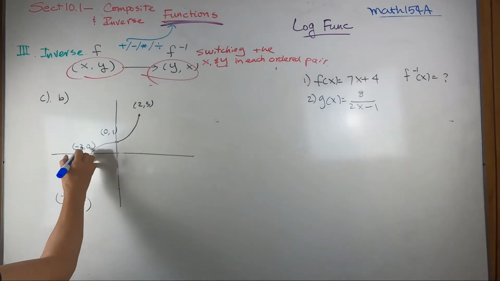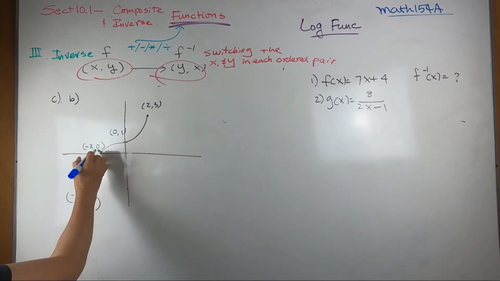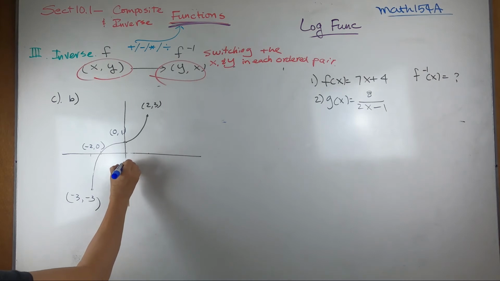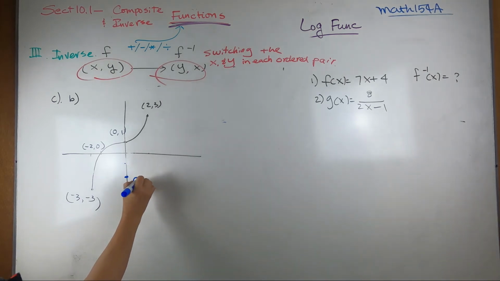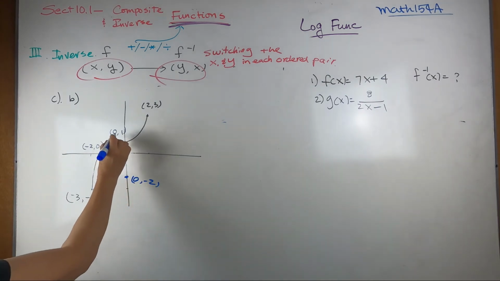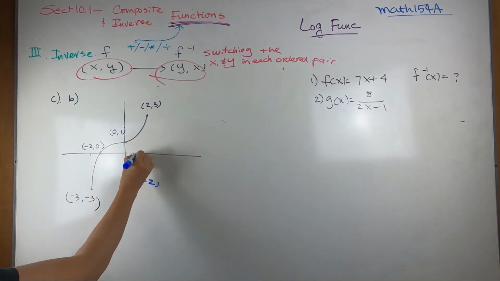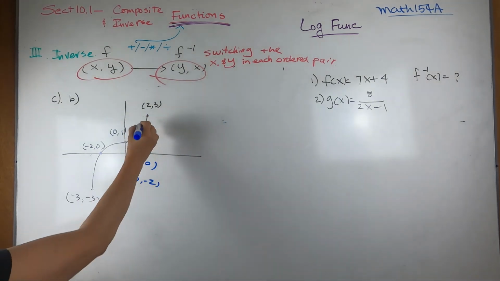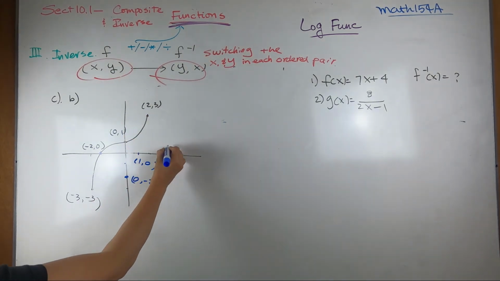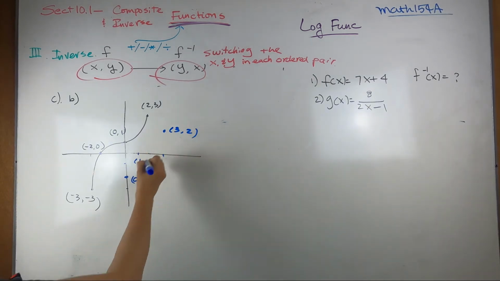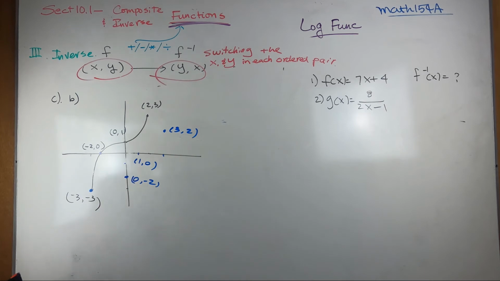So -2, 0 would be what? 0, -2. 0 is here. 0, -2. So that one will match to this one. 0, 1 would be what? 1, 0. Right? 2, 3 would be what? 3, 2. -3 would be -3.